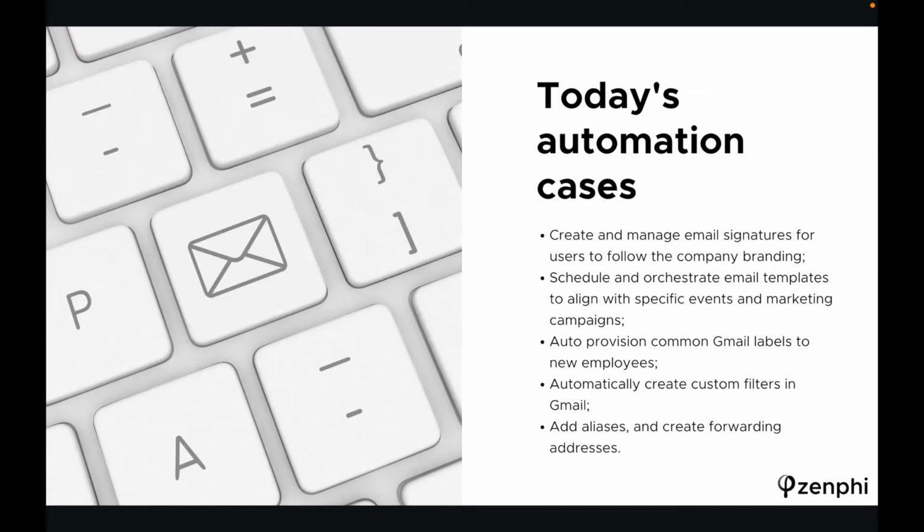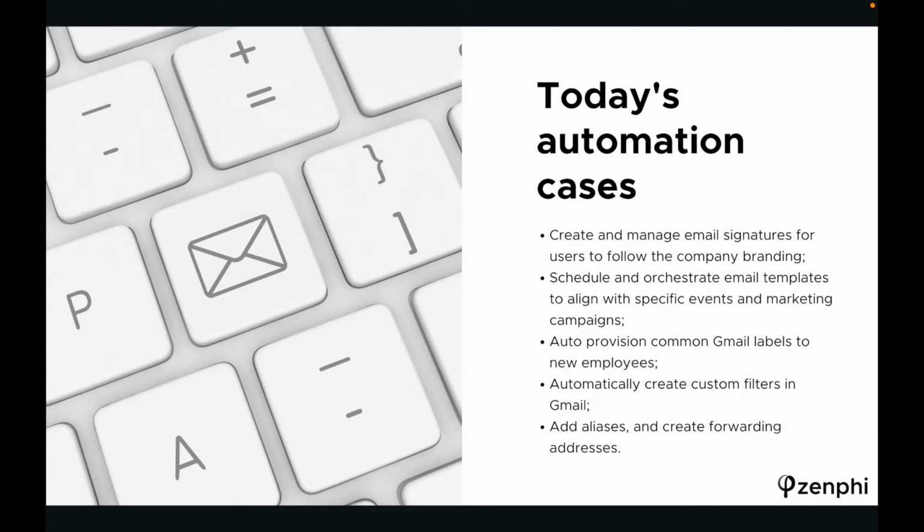During the next 30 minutes or so, we'll see how to automate updating the email signatures across your organization, how to automate Gmail label provisioning, and also auto-provision filters and aliases within the employee onboarding process. And we'll explore some more useful Gmail actions.